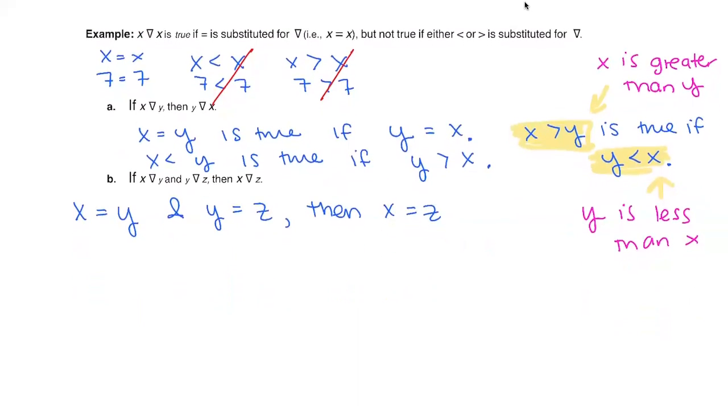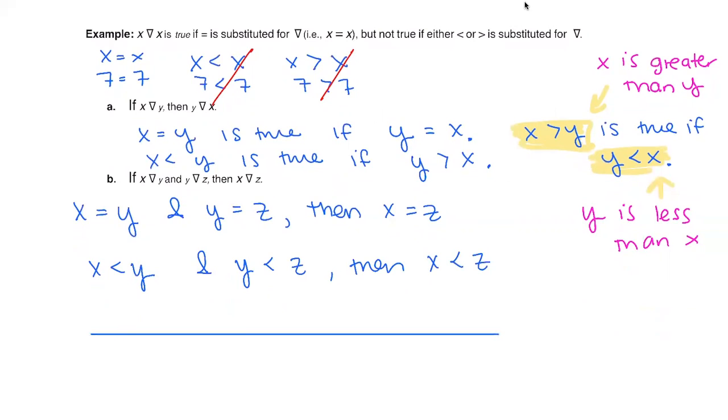The next one: if x is smaller or less than y, and y is smaller or less than z, then is it true that x is smaller than z? I'm going to look at a number line here to prove this one.